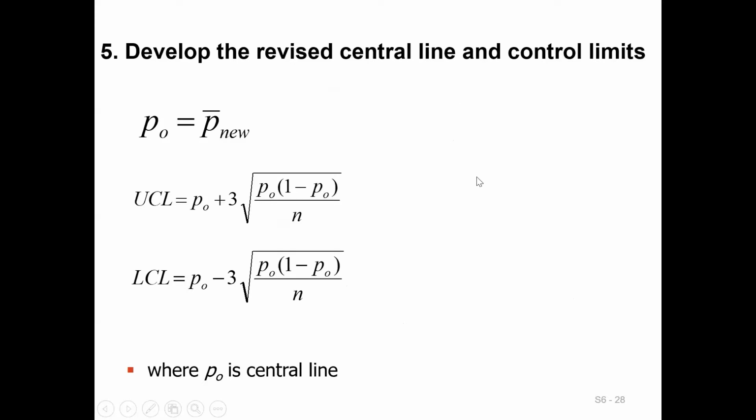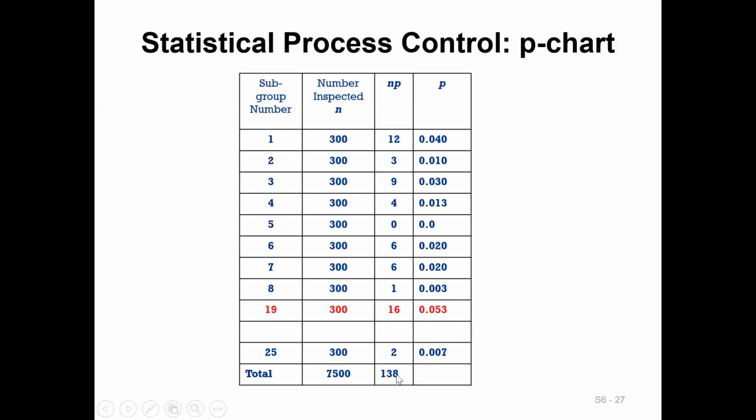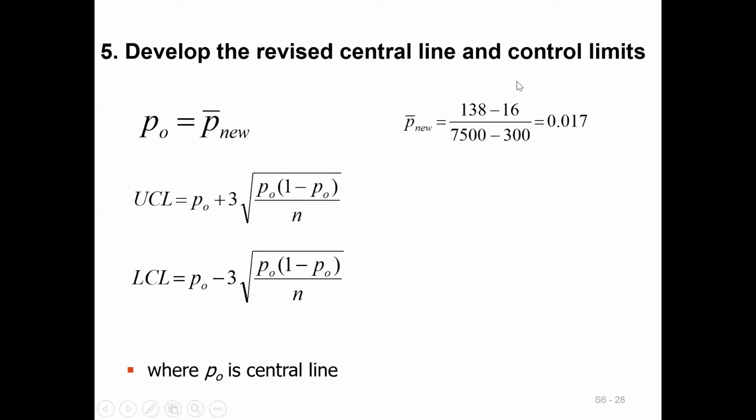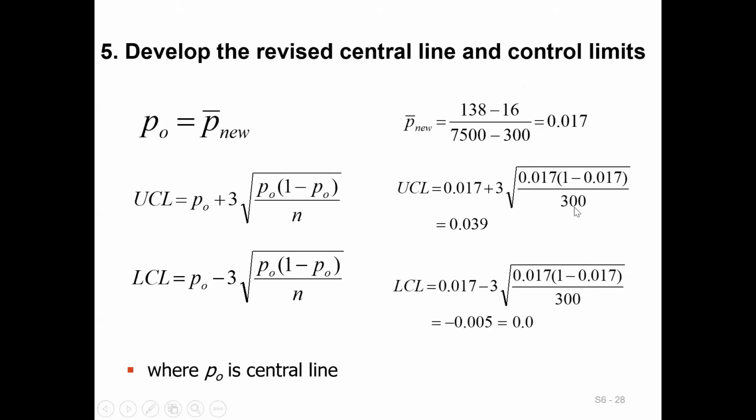The total is 138. At the same time, the number of samples is also reduced by 300. Then you will get 0.017. For the upper control limit, make use of the new P bar, with the sample size remaining the same. Then you are able to calculate the upper and lower control limits.